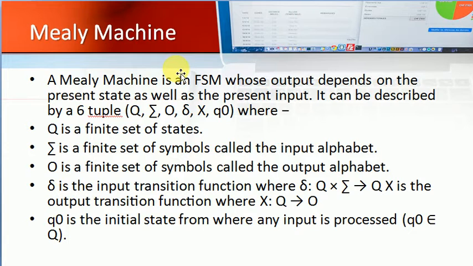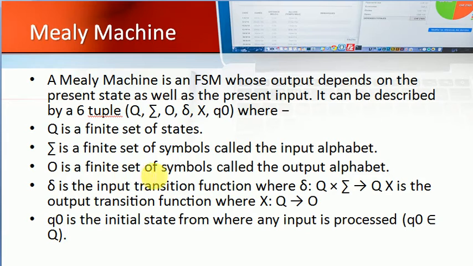What is a Mealy machine? A Mealy machine is a finite state automaton whose output depends on the present state as well as the present input. It can be described by a six-tuple (Q, Sigma, O, delta, X, q0), where Q is the finite set of states and Sigma is the finite set of symbols called the input alphabet.